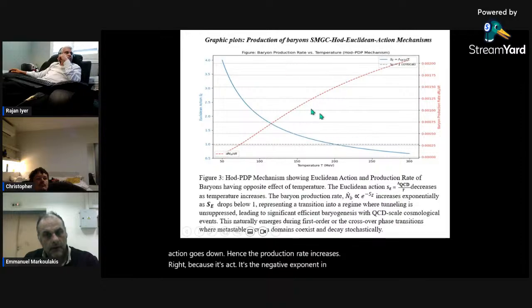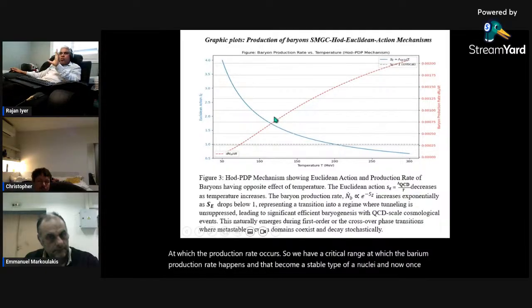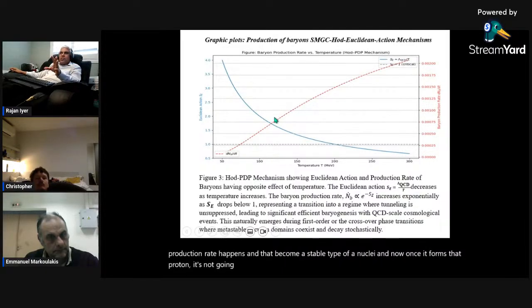So as it decreases, the production rate increases. And then you have a critical range at which the baryon production rate happens, and that becomes a stable type of nuclei. Once it forms that proton, it's not going to go back. It's going to stay there, and it has stayed there for billions of years.